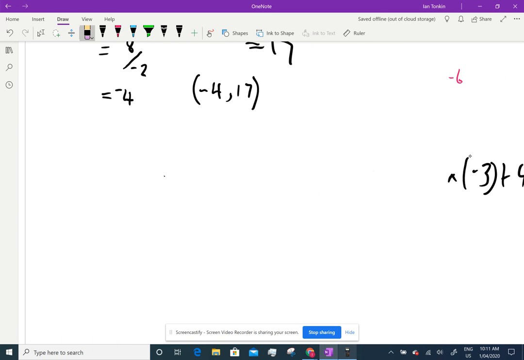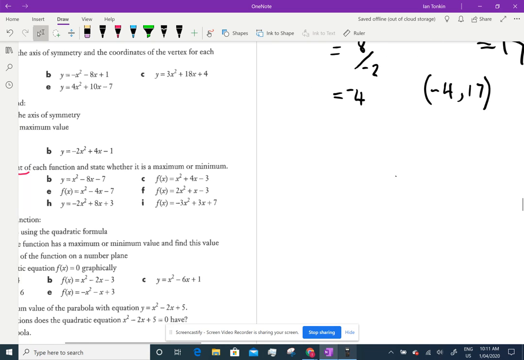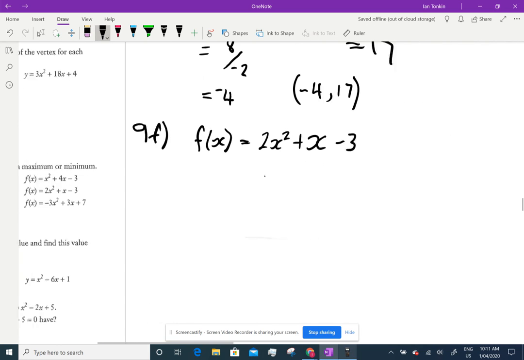And I've chosen 9F and I because one is positive and one is negative, which means I'll get a maximum and I'll get a minimum. So 9F. F of x, get used to the terminology, that's just y, equals 2x squared plus 3x minus 3. Okay.